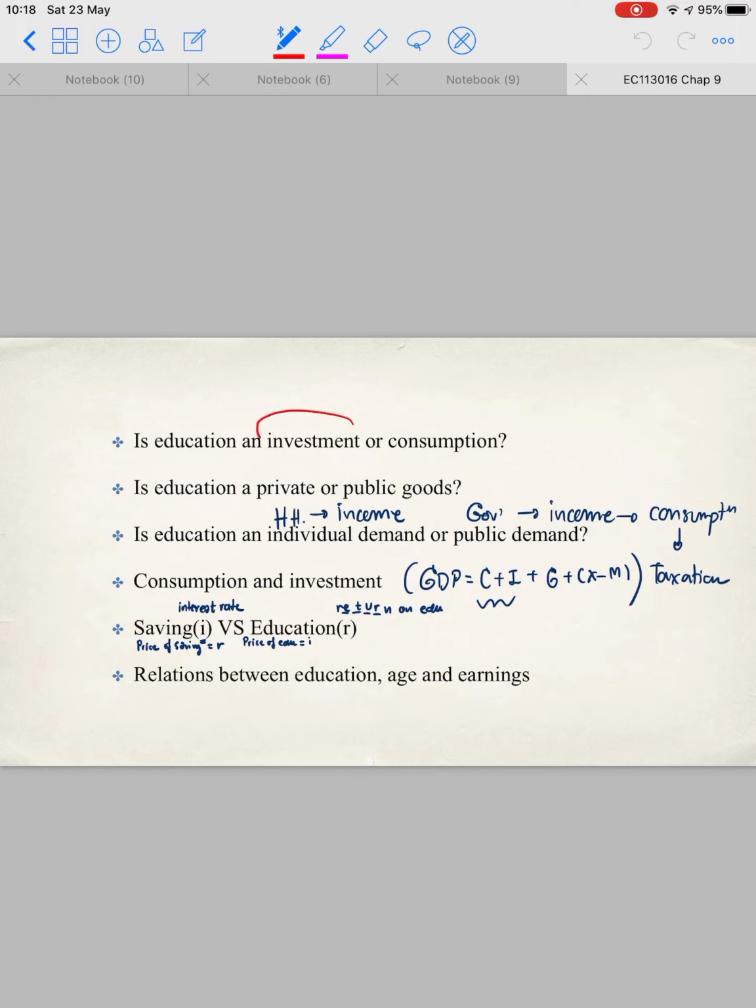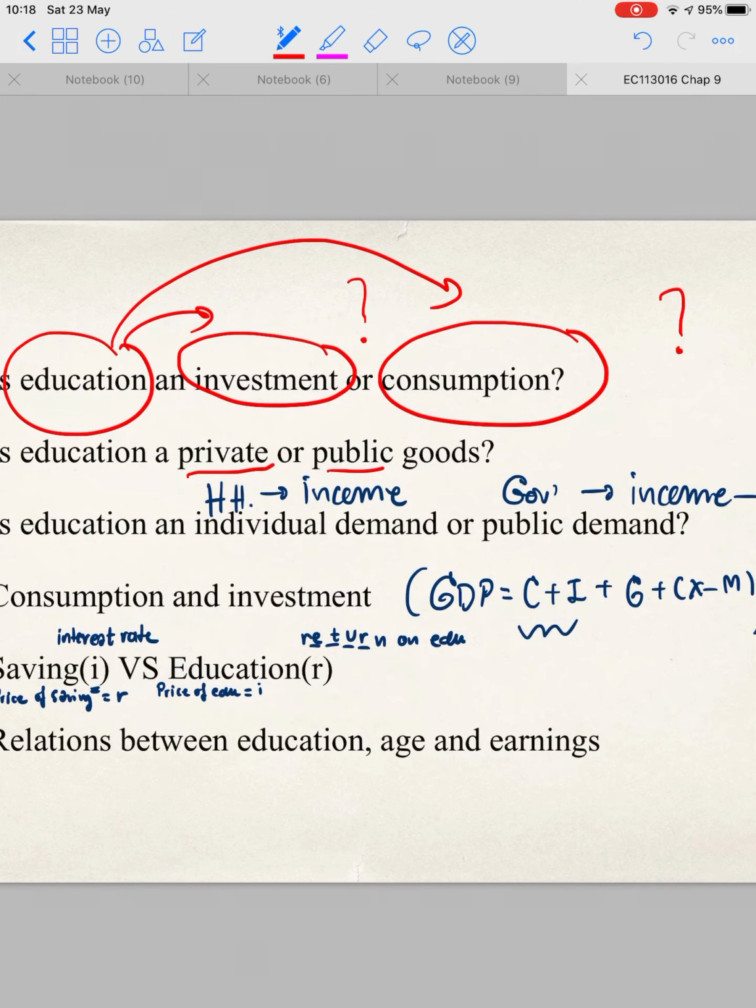Which one? Is education a private or public good? Which one? Is education an individual demand or public demand? Which one? Okay.